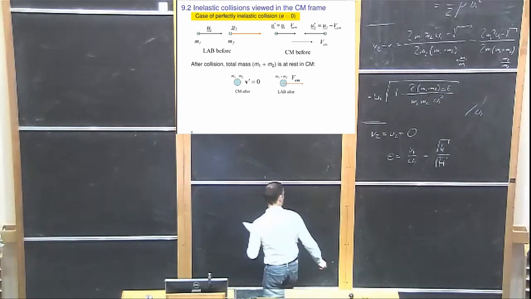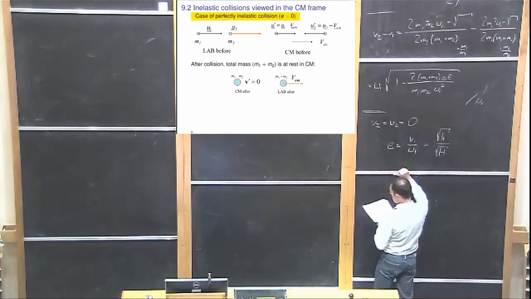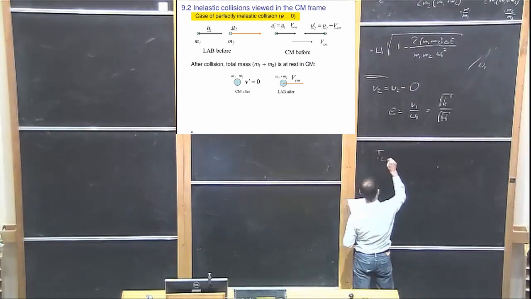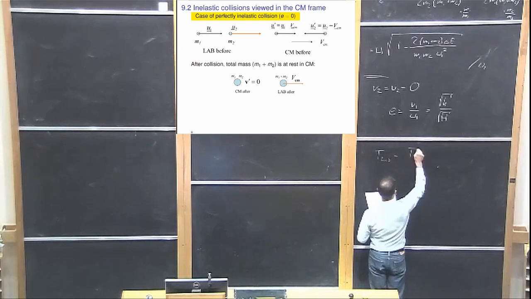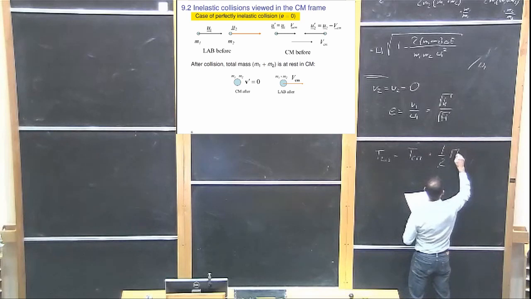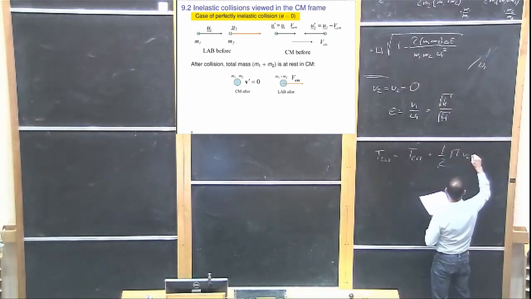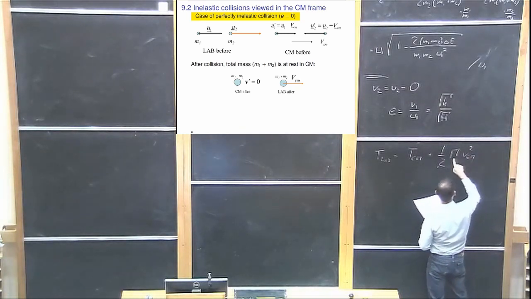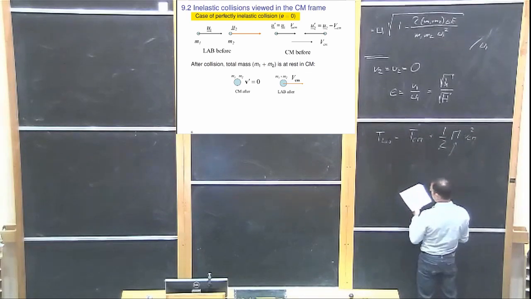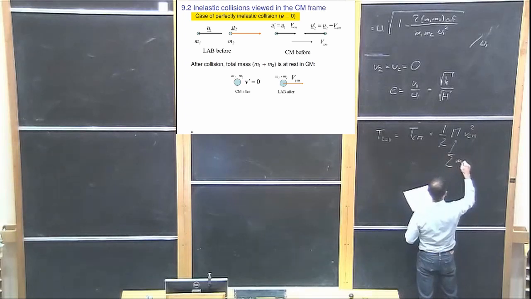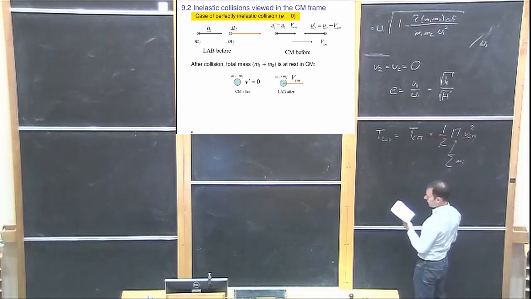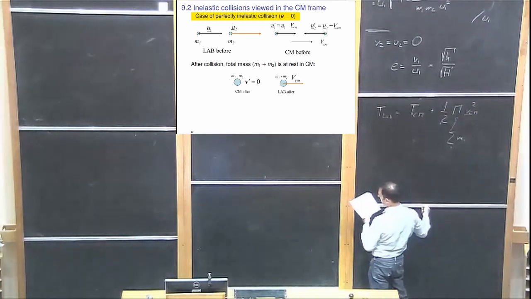So at the end of lecture 6 we showed that T lab equals the kinetic energy in the center of mass frame plus 1/2 the kinetic energy of a body with mass m. This is the sum of all masses times the velocity of the center of mass frame squared.